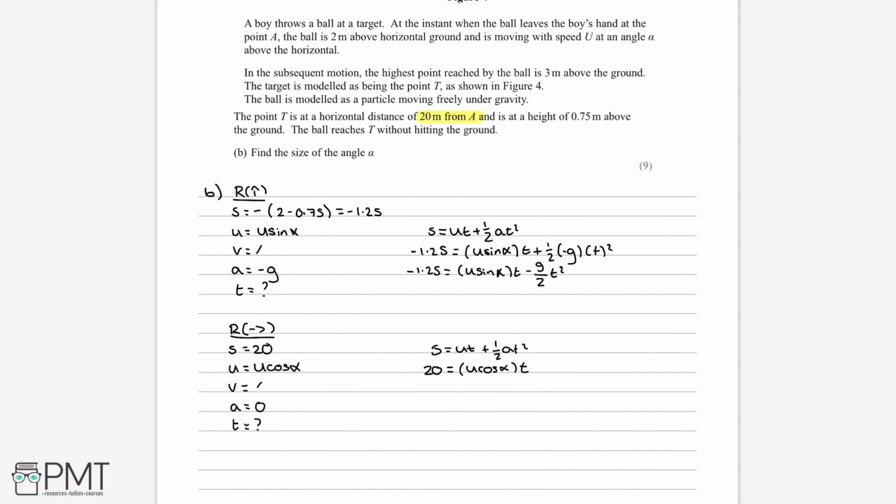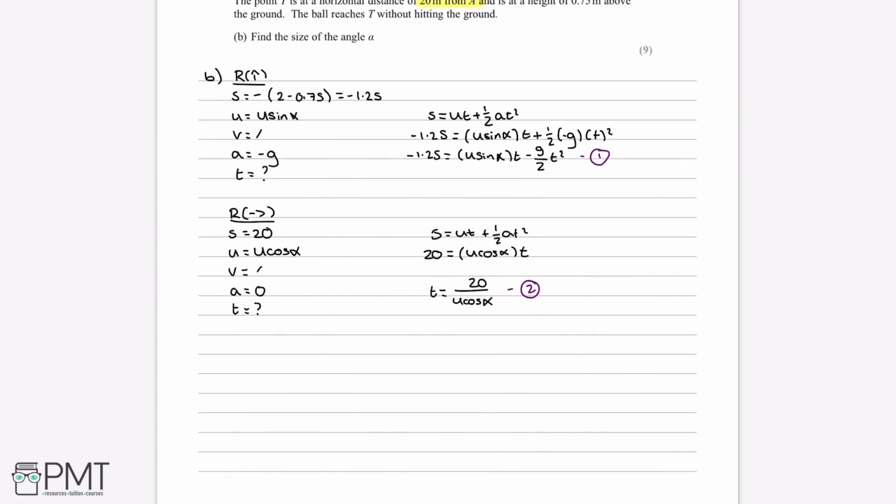So if we rearrange this bottom equation in terms of t, we're left with t being equal to 20 divided by u cos alpha, and we can substitute this into our first equation. If we call this equation 1 and this equation 2, and we substitute 2 into 1, then we'll be left with something that's just in terms of u and alpha, which should help us find what alpha is.